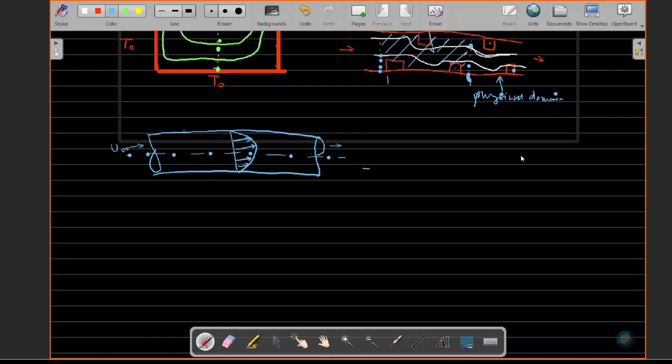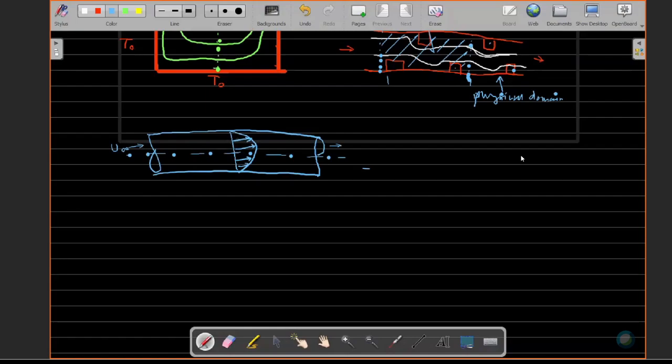Now if you see, these are the velocity profiles. This velocity profile is symmetric about this axis, right? You can identify flow by using vectors, streamlines, or contour plots.